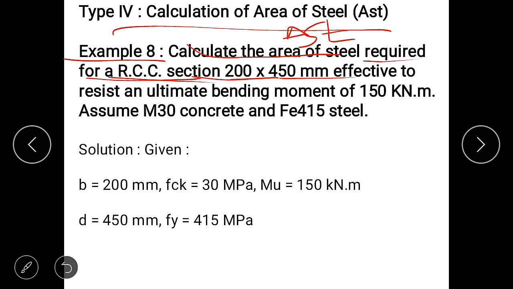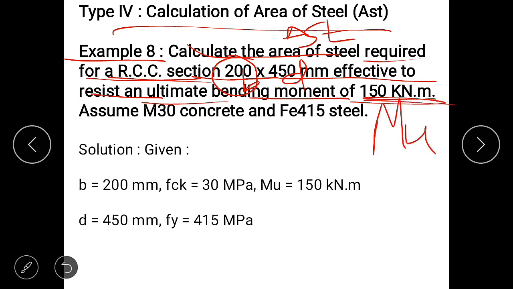So 200 is called B, and 450 is small d, the effective depth. The ultimate bending moment is given here. Moment is 150 kilonewton meter.